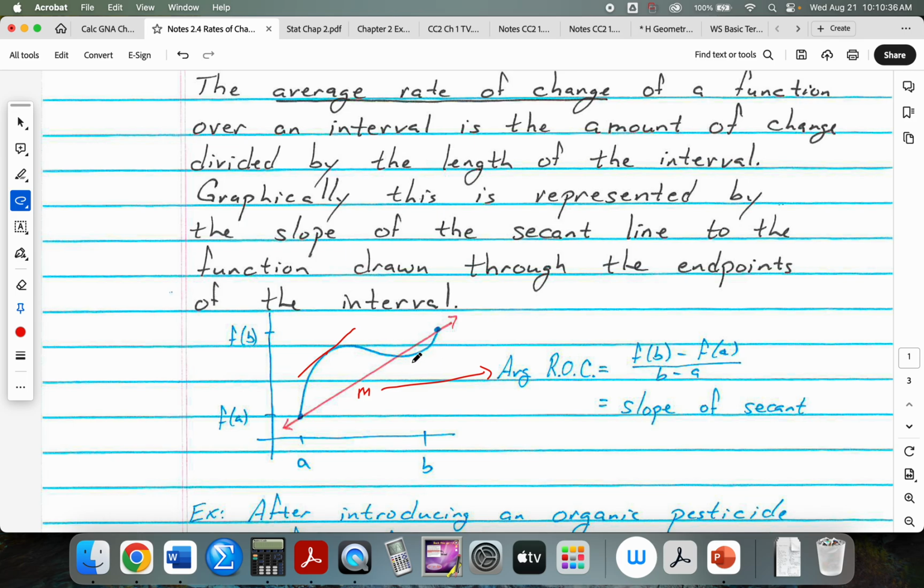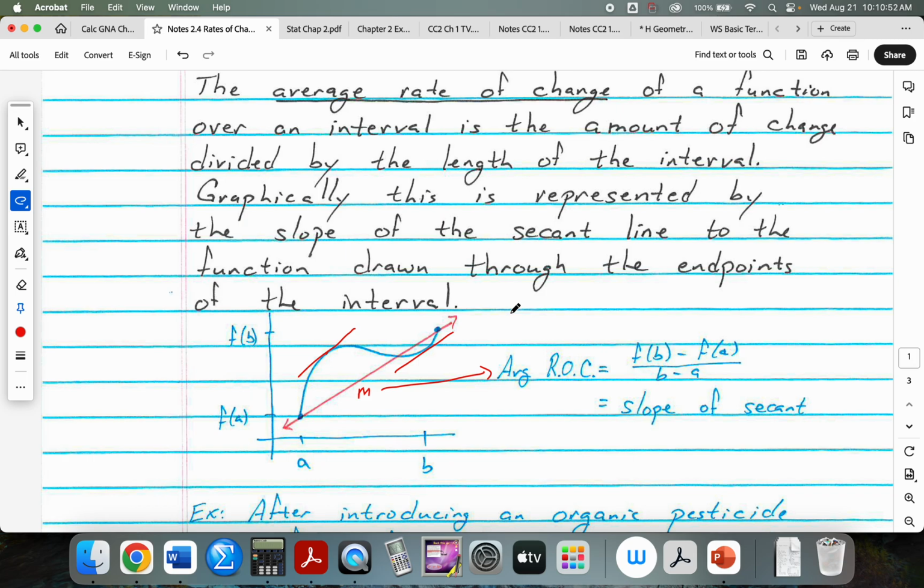And then there's another point here. It makes sense that if you have an average rate of change over some interval that's continuous, the instantaneous rate of change has to be equal to that at some time.